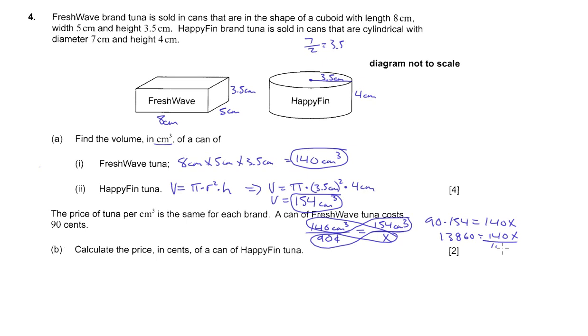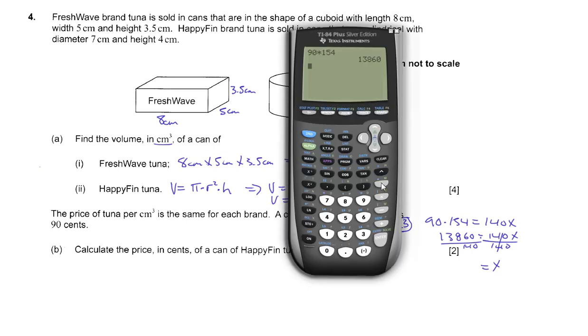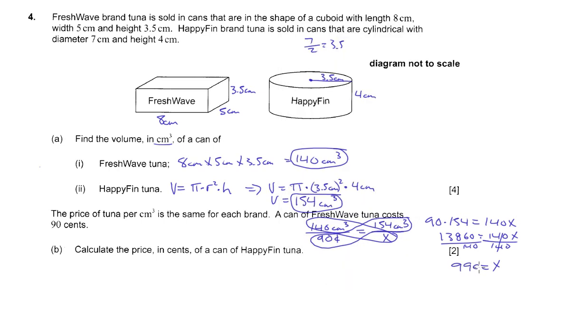So we divide both sides by 140, and we get x is going to be 99 cents. Okay, so I wouldn't even circle the x equals, it's just going to be just 99 cents. Calculate the price in cents of a can of Happy Fin tuna.